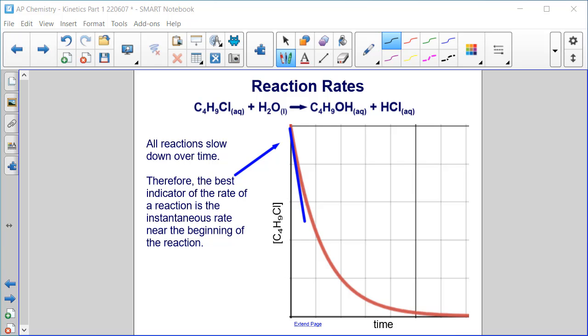Therefore, the best indicator of the rate of a reaction is the instantaneous rate near the beginning of the reaction. So you see this blue tangent line here is drawn as close to time zero, the beginning of the reaction, as possible. And the slope of this line, the change in concentration over the change in time, is what we'll use to determine the rate of a reaction.